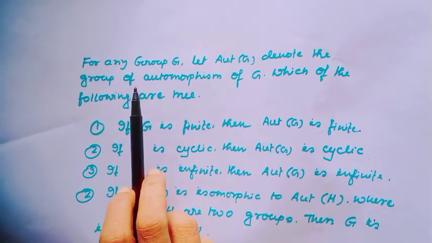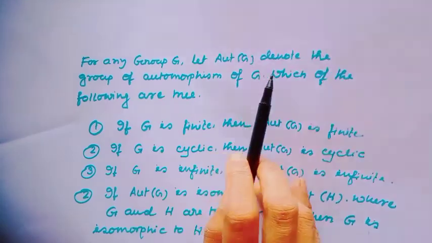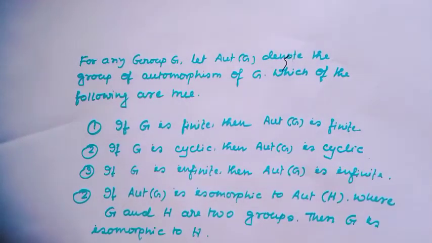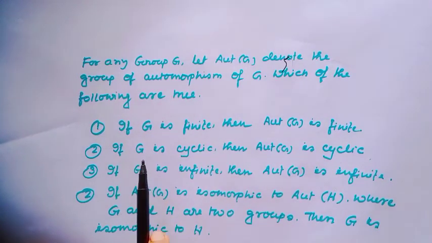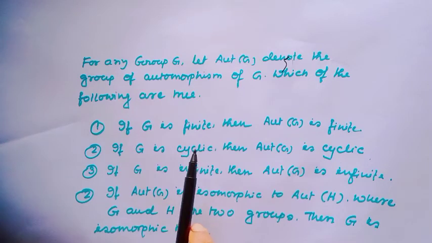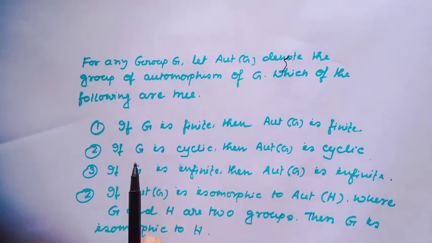Let's see the question. For any group G, let Aut(G) denote the group of automorphisms of G. Then, which of the following are true? Option 1. If G is finite, then Aut(G) is finite. Option 2.